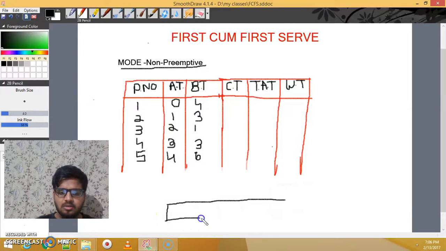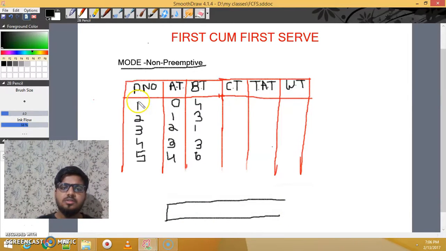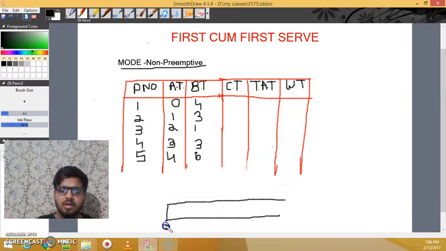This is the Gantt chart. The Gantt chart always starts with 0, I mean if the CPU starts with 0. On 0, process P1 has arrived. Look at this, on 0 only one process is there. No other process has arrived, irrespective of the algorithm.